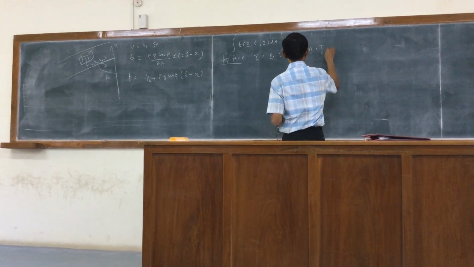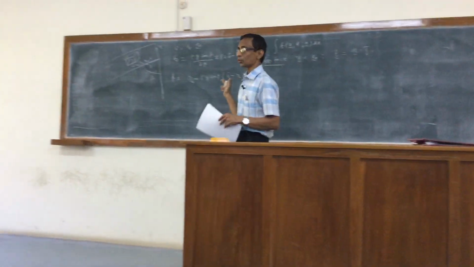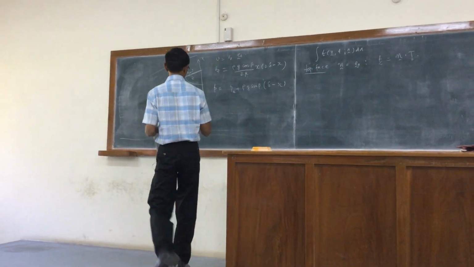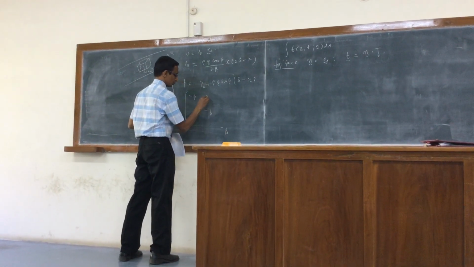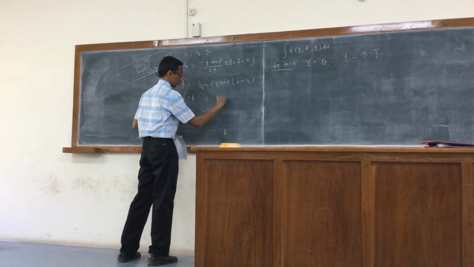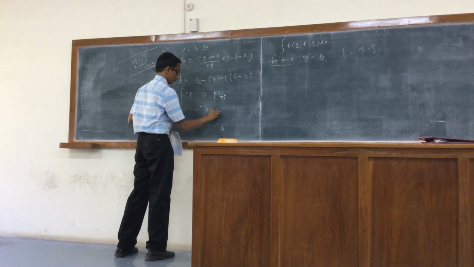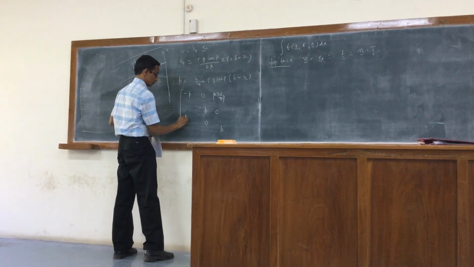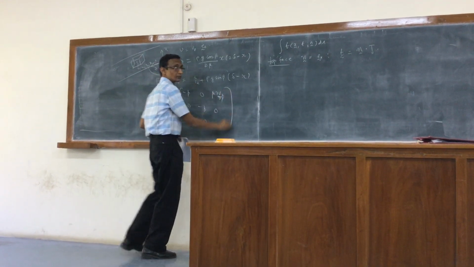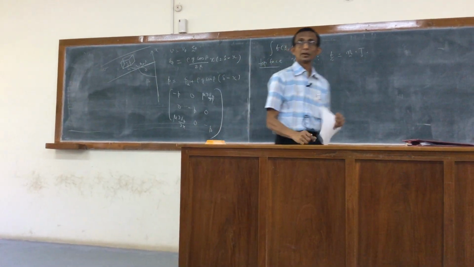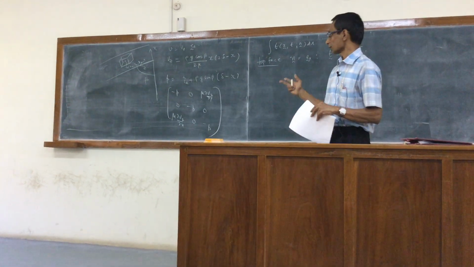It gives you, as you've already seen, given that we know how to construct the stress tensor. The stress tensor in this case is minus p. Right? So that's how the stress tensor looks like.